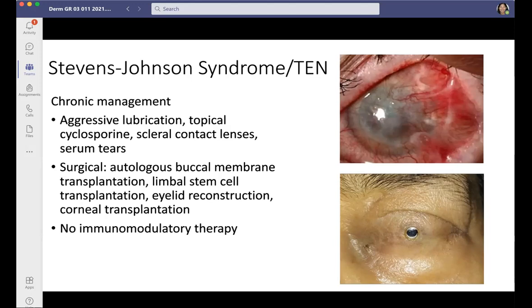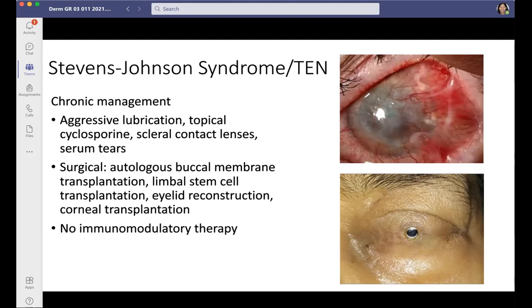Often there are scleral contact lenses, as well as serum tears. The underlying pathology ends up being that the goblet cells of the ocular surface have been destroyed. The limbal stem cells, which really are the corneal stem cells, at the very edge where the cornea meets the conjunctiva, often get destroyed. And if you don't have those, then you will not really have much of a cornea.